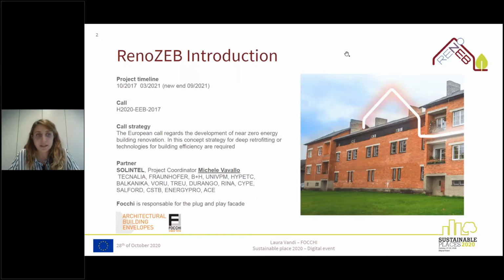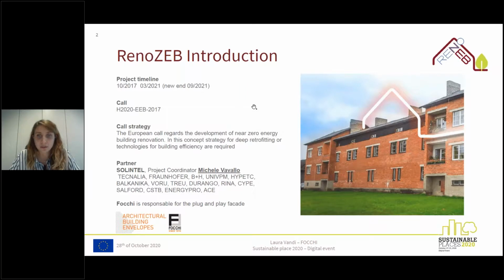As you can see from this slide, this activity has been developed within the renoZEB project, which is a proposal to the European call named Horizon 2020 EEB 2017. renoZEB project started in 2017 and it will end at the end of 2021.